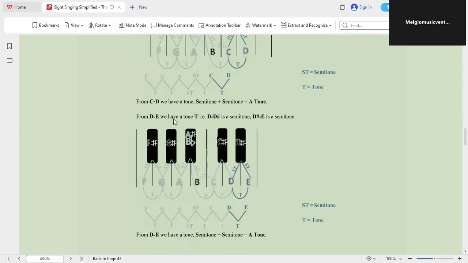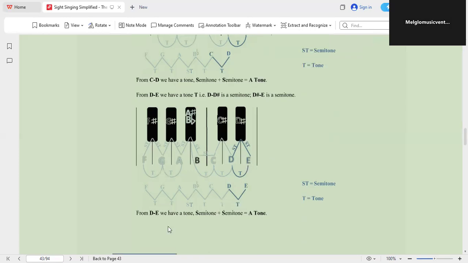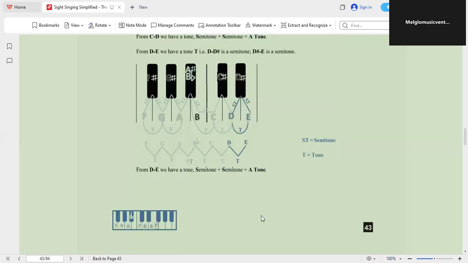So from D to E, we have a tone, that is from D to D sharp, a semitone, and then from D sharp to E, a semitone. So we have a tone between D and E, which is the semitone of D to D sharp plus the semitone of D sharp to E equals a tone.